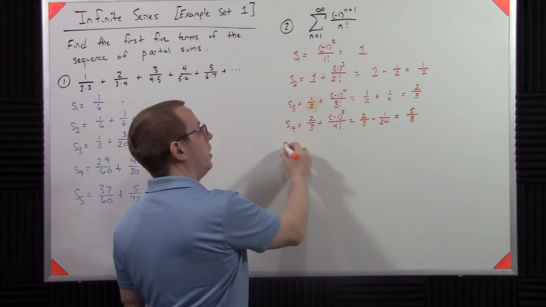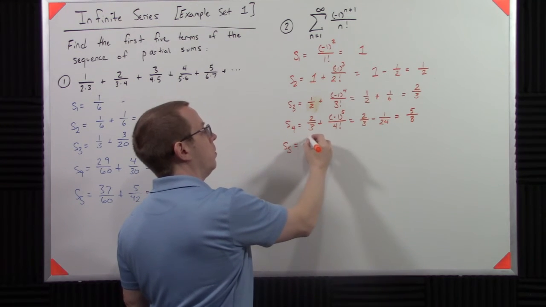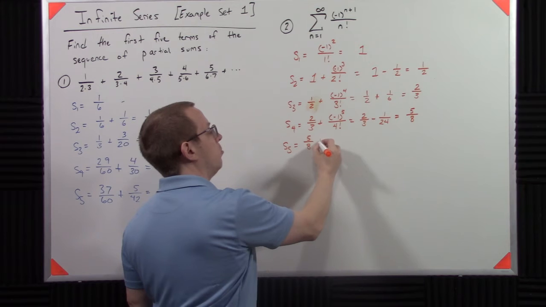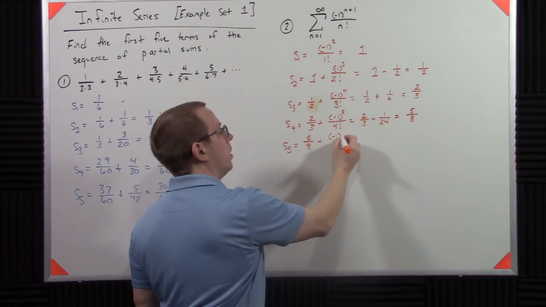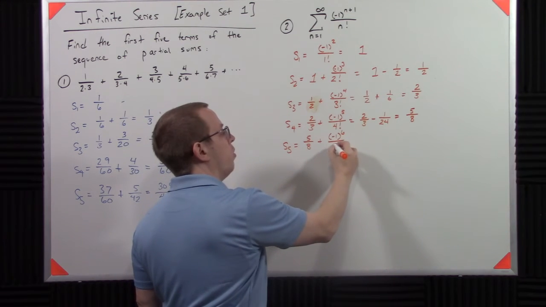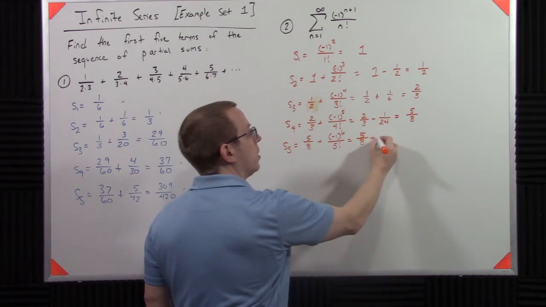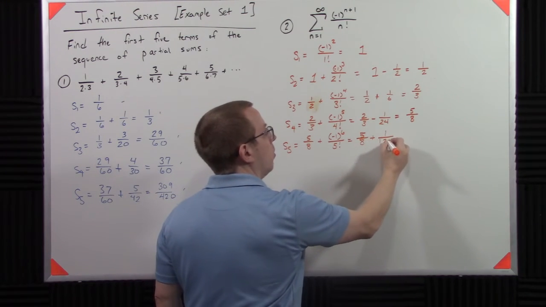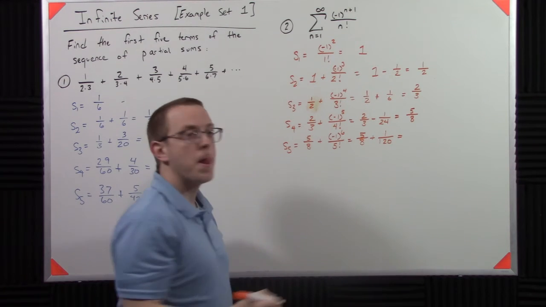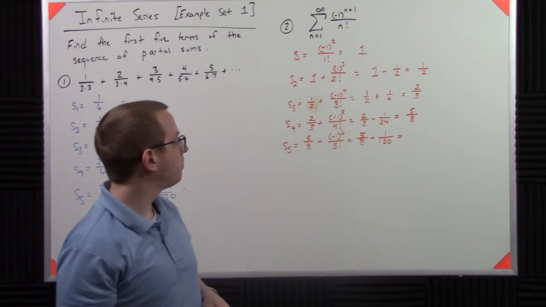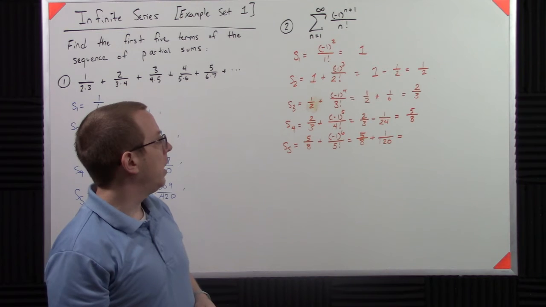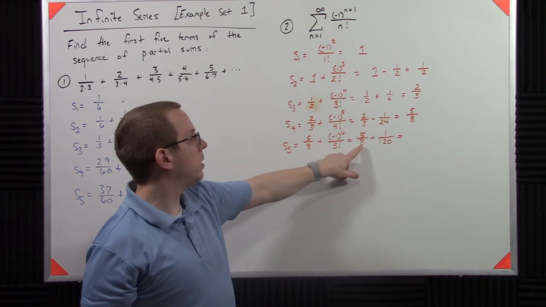And then finally, we get 5/8 plus negative 1 to the 6th over 5 factorial, which is 5/8 plus 1 over 120. And if I get a common denominator, that's going to be 120.